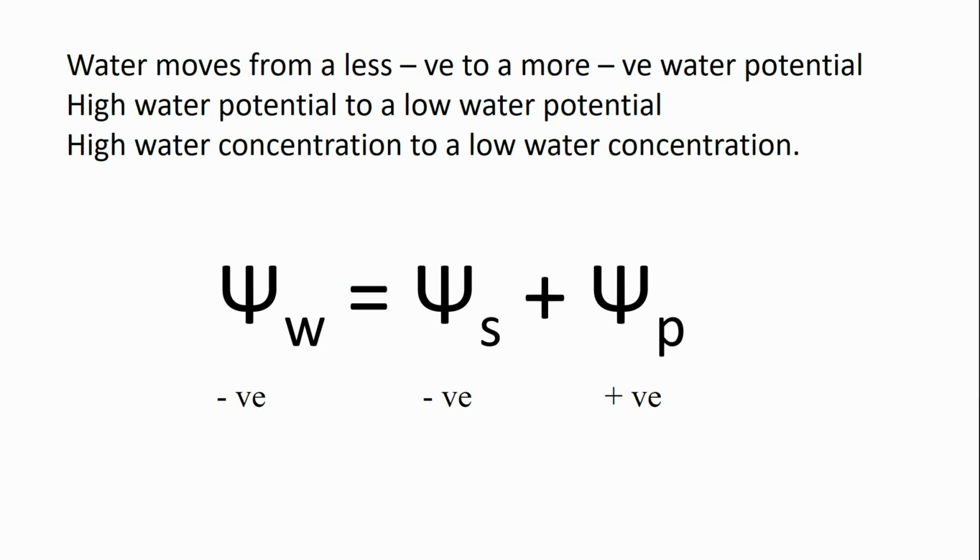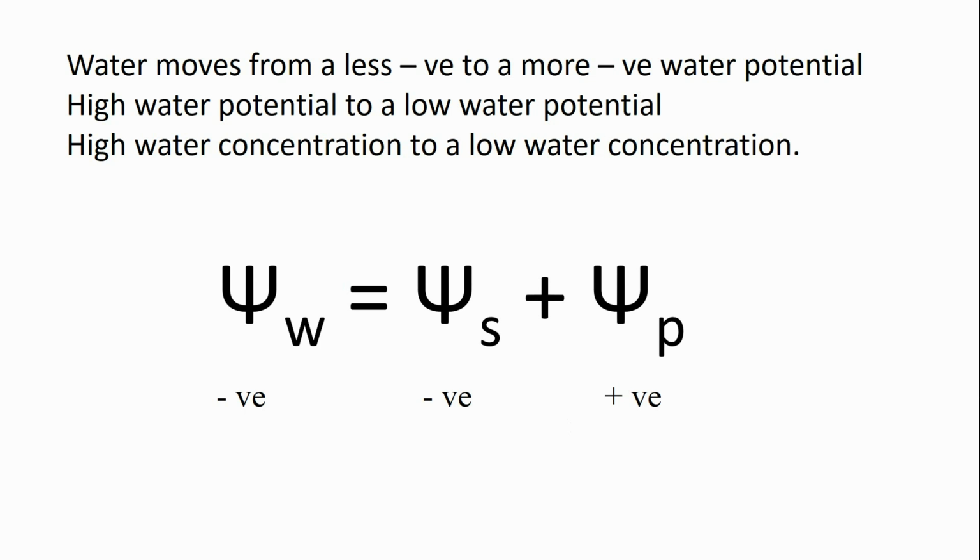The solute potential is always going to be negative. Remember, the solutes make spaces, and because they make spaces and they hug the water molecules, it makes the water potential more negative to allow for more water to flow in from a higher concentration to a lower concentration.